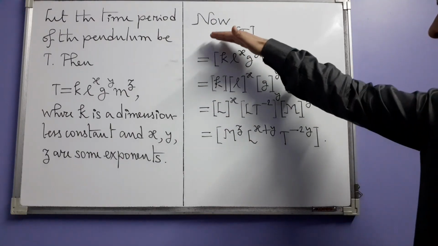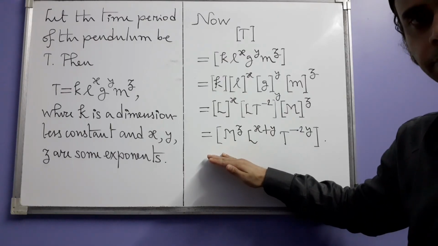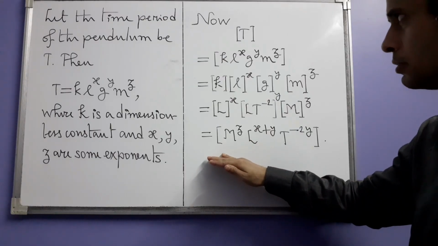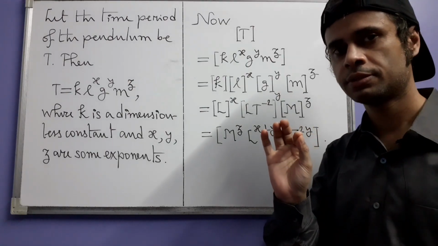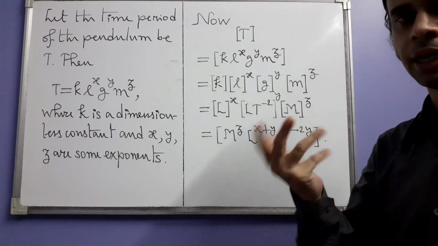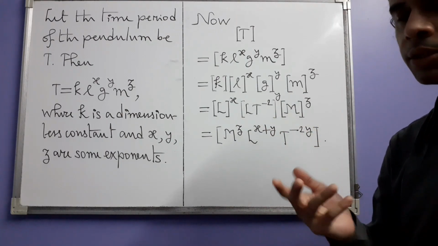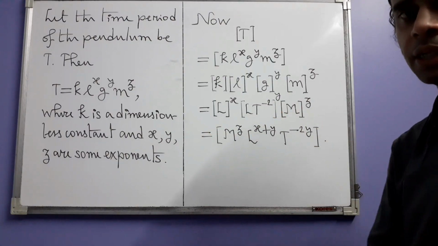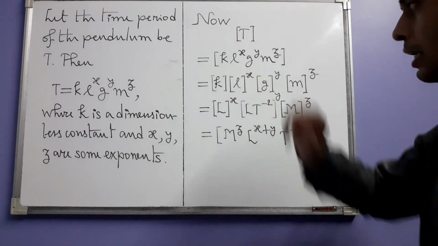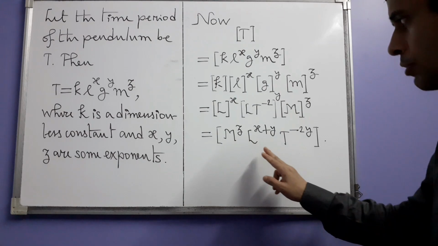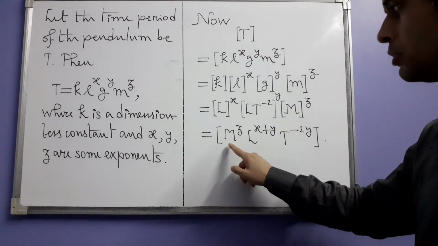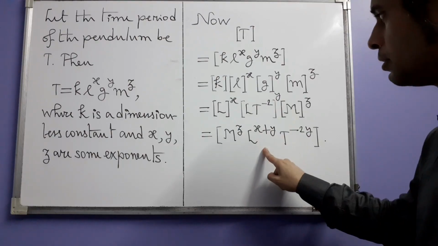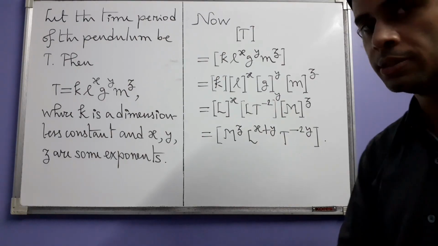So these two dimensions are the same. So that means on this side you only actually have the time dimension and no other contribution from the other 7 base quantities. Only time is present here. Here, however, you do see mass and length. So that means the contributions of mass and length should be 0.